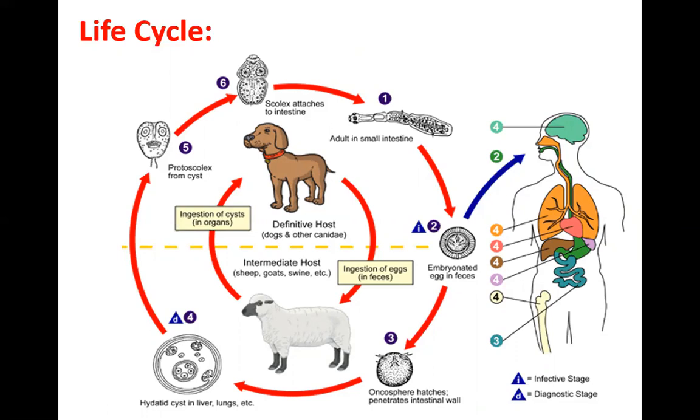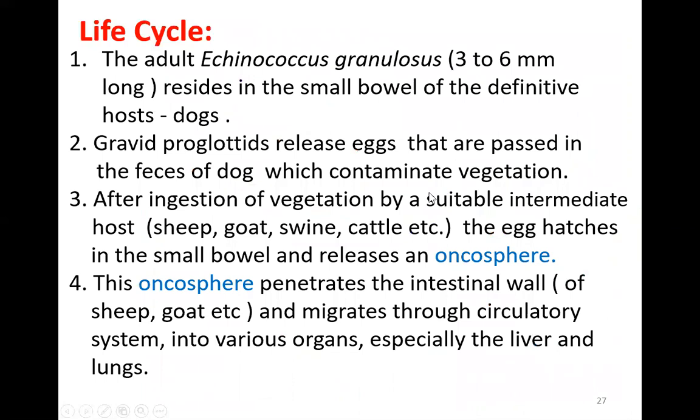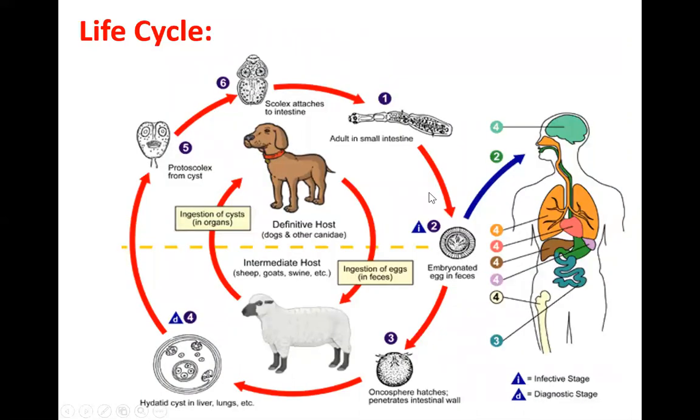When the gravid proglottid ruptures, gets separated, and moves towards the anus, it is excreted in the feces, and the eggs are released on the vegetation in the environment.